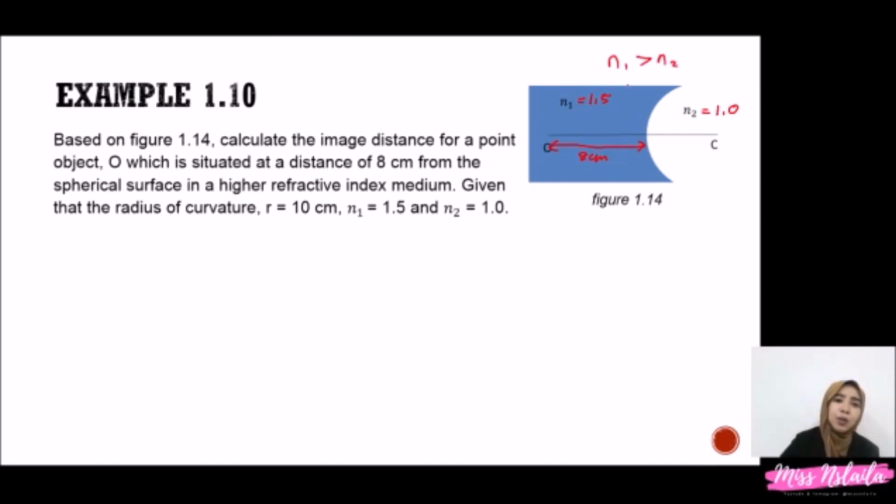So how do we know where the image distance is? Let's use the spherical refracting surface equation.